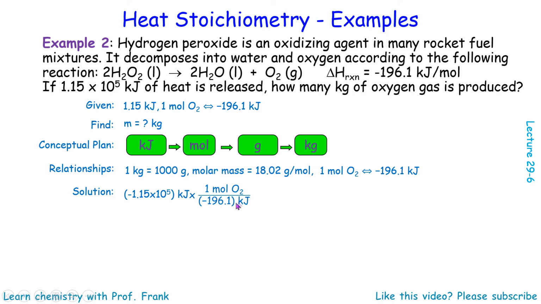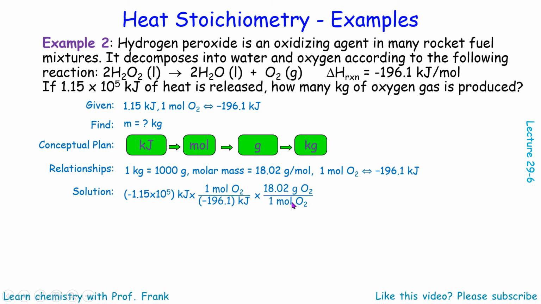Converting from kilojoules, place that on top, bottom. This negative 196.1 on bottom to 1 mole of oxygen. Okay, you see that's 1 mole here. Kilojoules are gone, and we need to convert from moles of oxygen to grams of oxygen using the molar mass as the conversion factor.